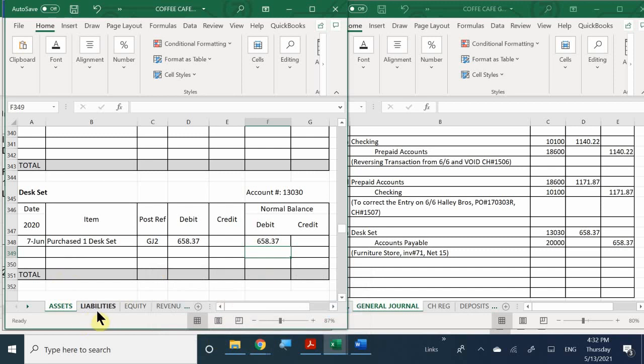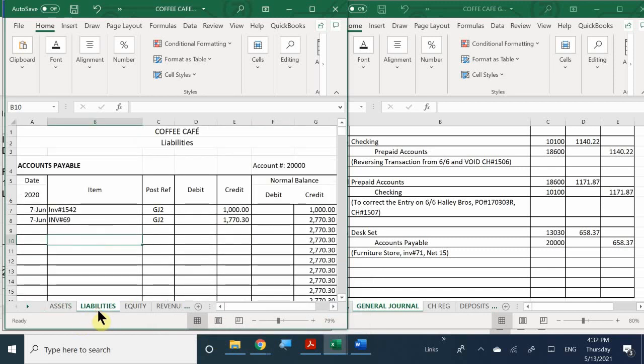Last but not least, we need to also update that we are increasing our liabilities. So here, accounts payable, we're going to indicate that we received an invoice, and it was invoice number 71. Right? General journal number 2.